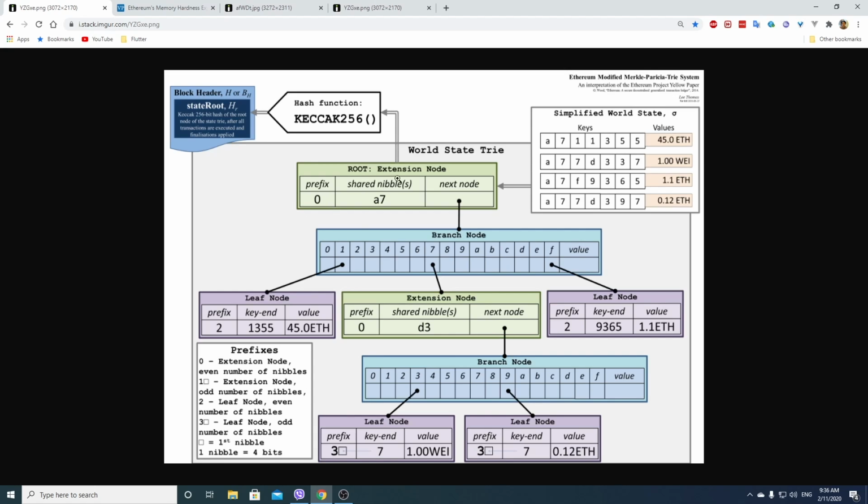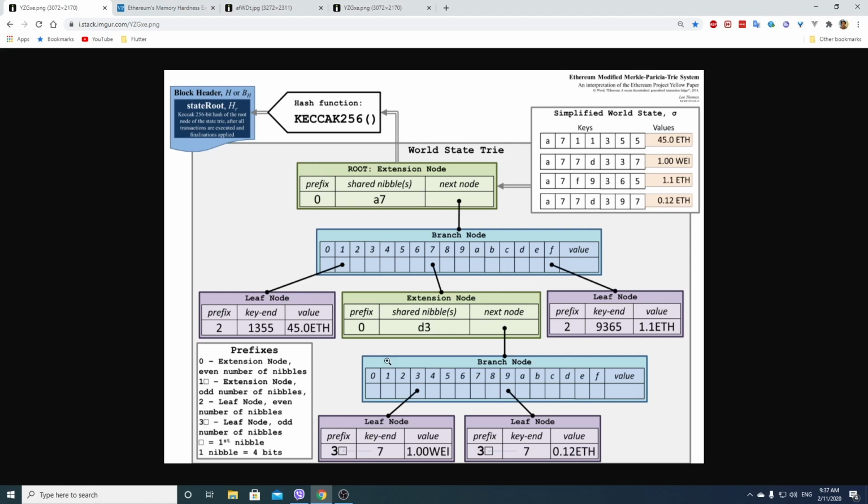So every node that is an extension node will have a prefix of 0 or 1, and when it's a leaf, it's going to be the other switch, right? So another way to know that it's a leaf is to see if the prefix is greater than or equal to 2, right?